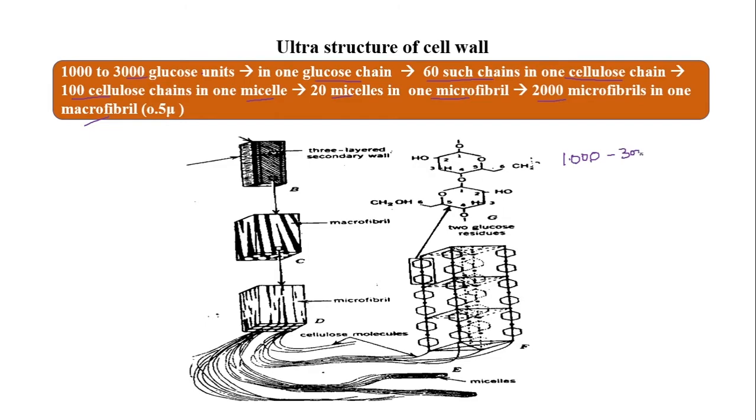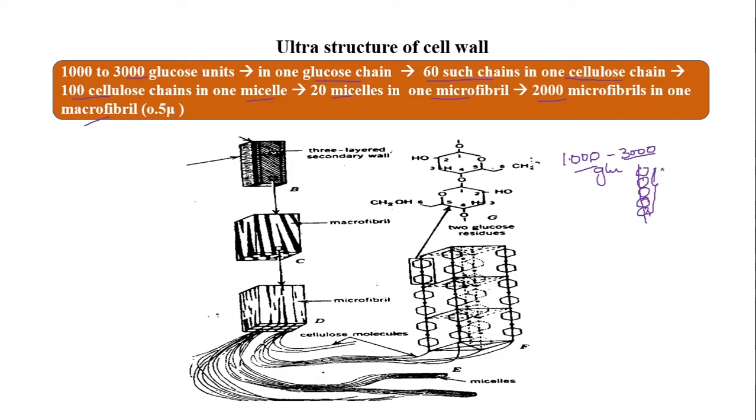Imagine these to be glucose units. There are 1000 to 3000 glucose units. One chain of glucose will have 1000 to 3000 glucose units.